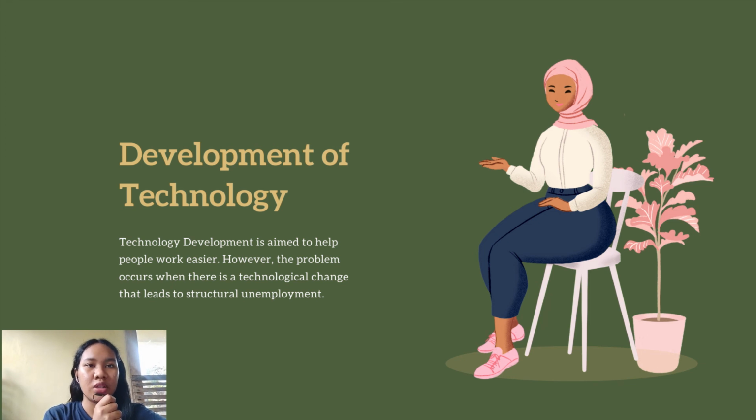In the functionalist perspective, the development of technology helps people learn soft skills, for example how to use a computer, how to use machines or others, and it helps them compete in the workforce. In addition, it also aims to help people work more easily. However, the development of technology also creates another problem, which is structural unemployment.